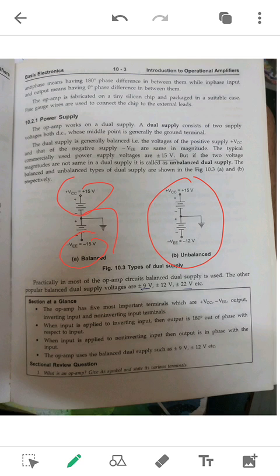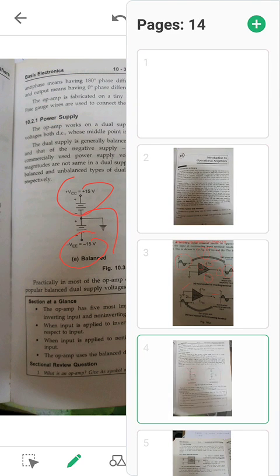Then it is called an unbalanced voltage. This is called a dual power supply. We require a dual power supply, plus 15 volts and minus 15 volts, if you are applying the two voltages. So you can observe that here in the figure.